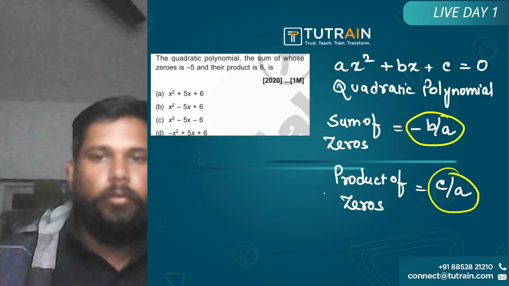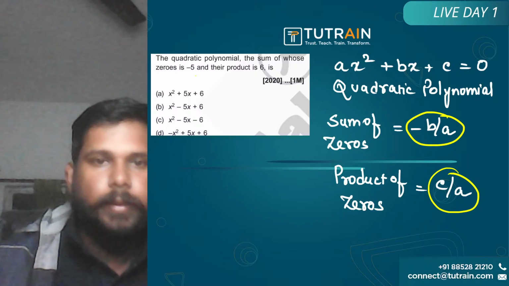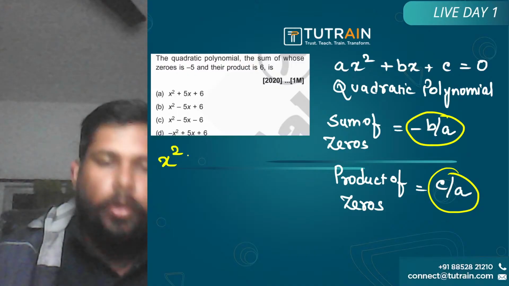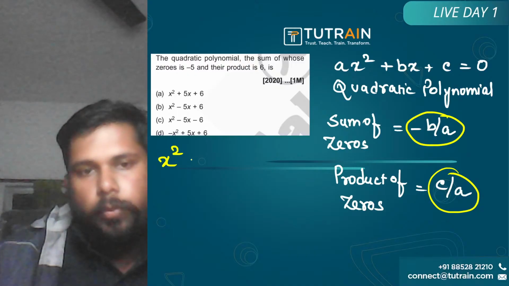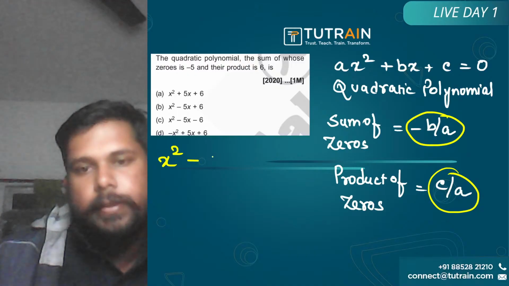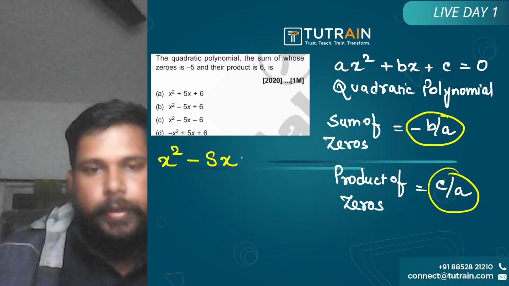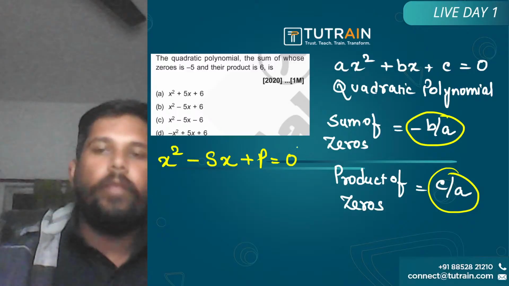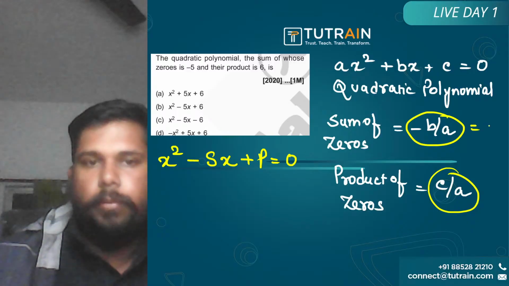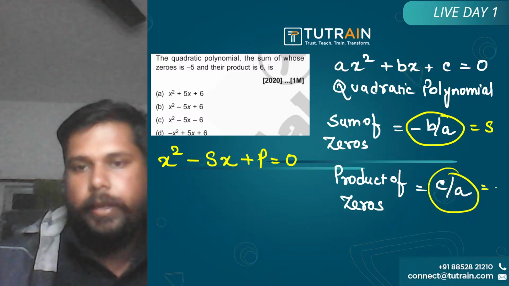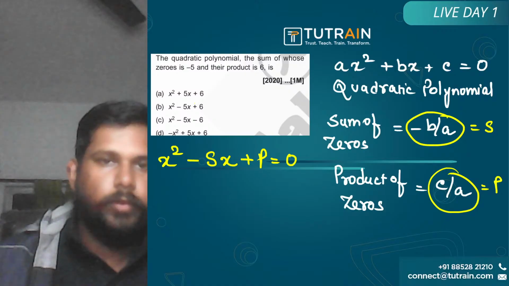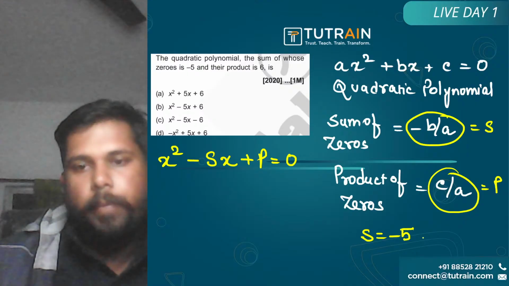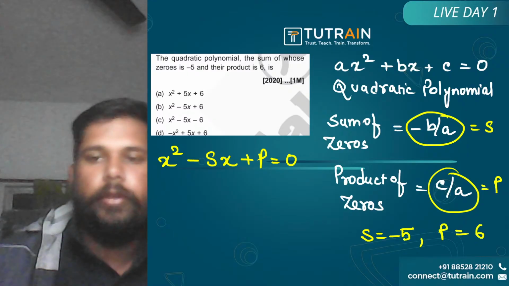Now we are given that the sum is minus 5, and we know one formula: x square minus sx plus p is equal to 0, where s is the sum of zeros and p is the product of zeros. Here s is given as minus 5 and p is given as 6.